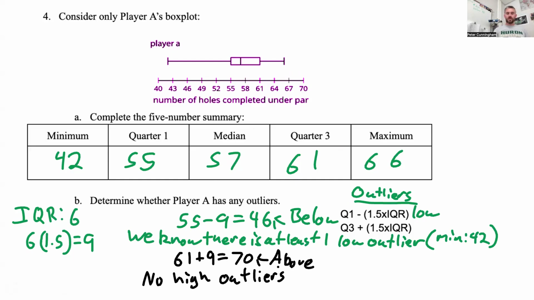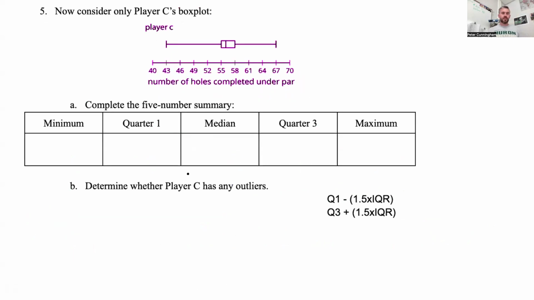Okay, we're moving along. All right, let's do the same thing for player C. We'll stick with the black ink for now. Our minimum was 43. Quartile 1 is 55. The 6 for the median, the 8, maximum of 67. All right, so again, we're doing the same thing.